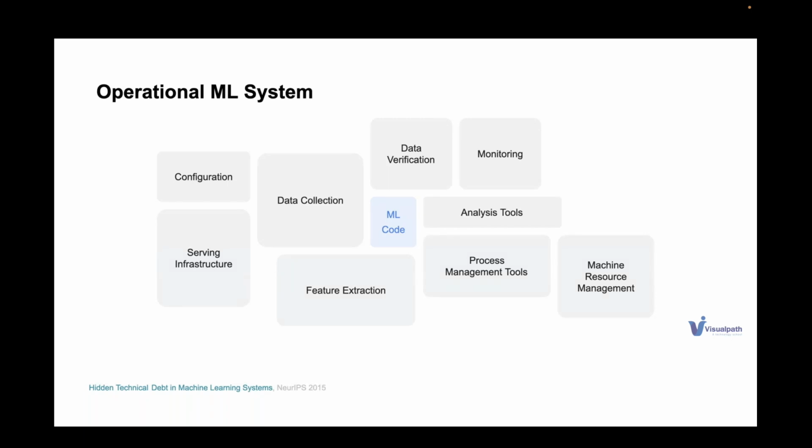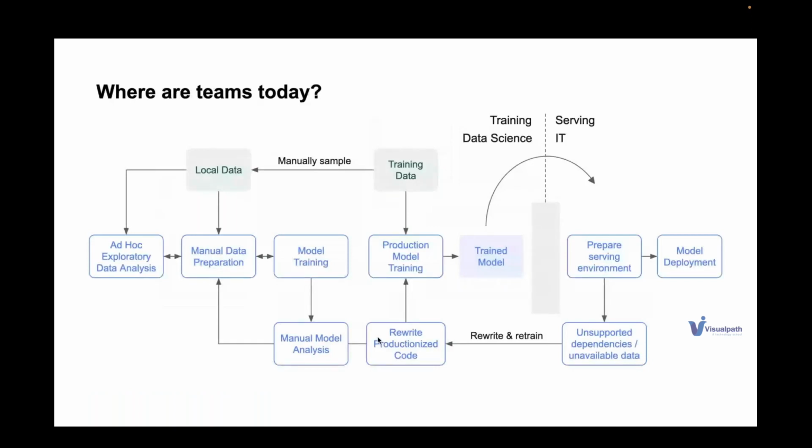We saw this yesterday in a white paper, which is Hidden Technical Debt in Machine Learning. This is a 2015 NeurIPS paper. Then we saw what people are doing today, or where teams are today. Most of the teams we saw are giving a manual handoff. They are doing some analysis, data preparation, model training. Then they are putting the final trained model in some GCS bucket or some location.